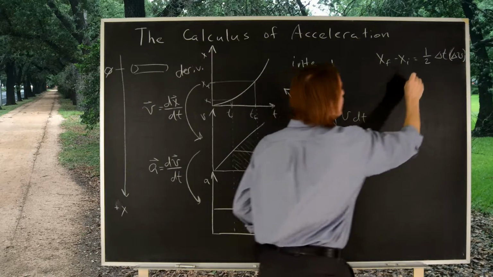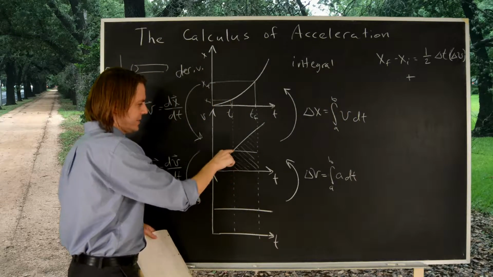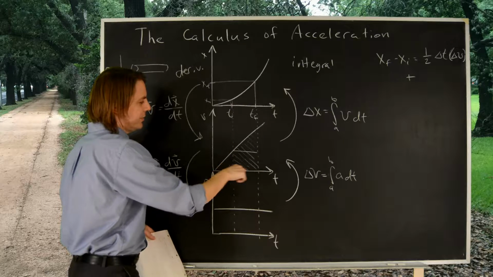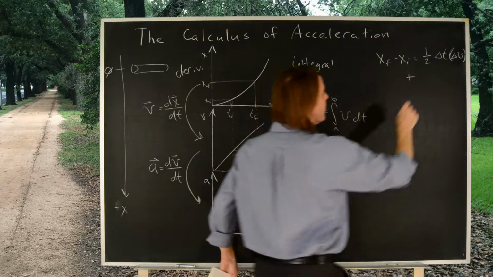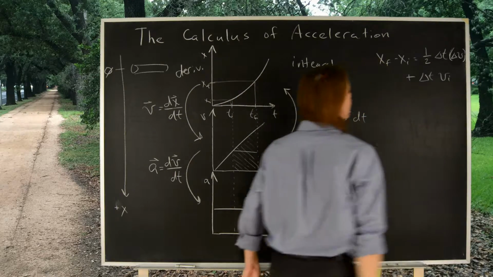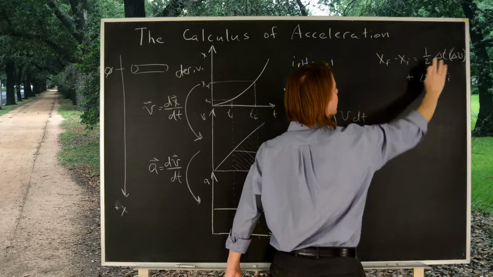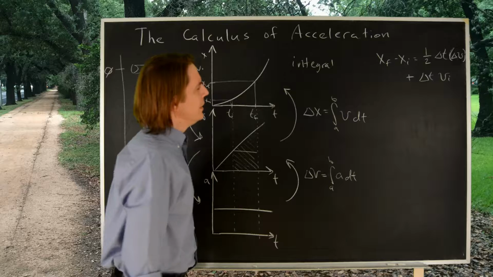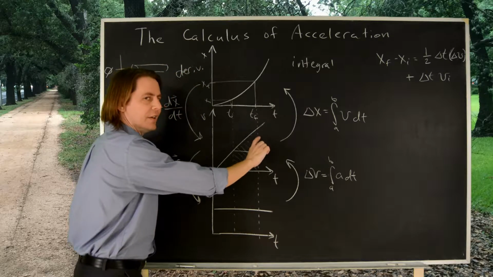So that's that area, but now we have to add this area. Plus, that area is just length times width. It's delta t times v initial. Okay, so the difference is just the sum of these two terms. Now, delta v was vf minus vi, but we can use this idea again.